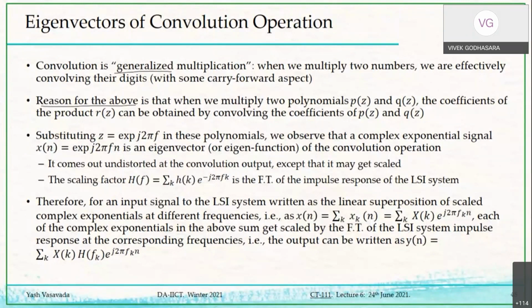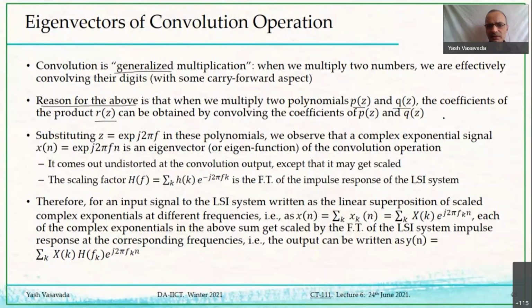Last time, if you remember, we generalized it. We said that if I have two polynomials, P of Z and Q of Z, and if I convolve their coefficients, what I get is the coefficients of the product of these two polynomials.